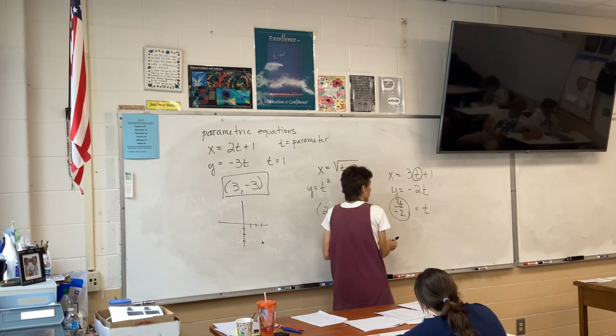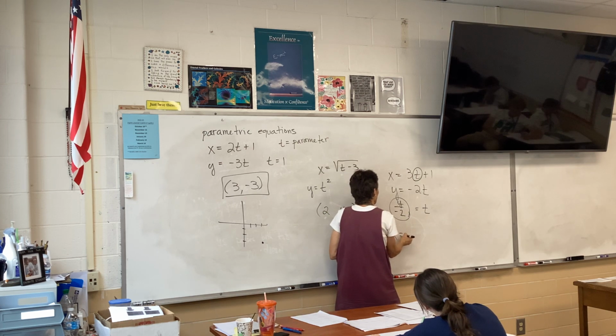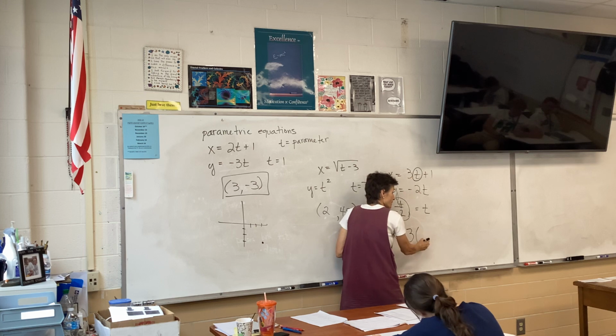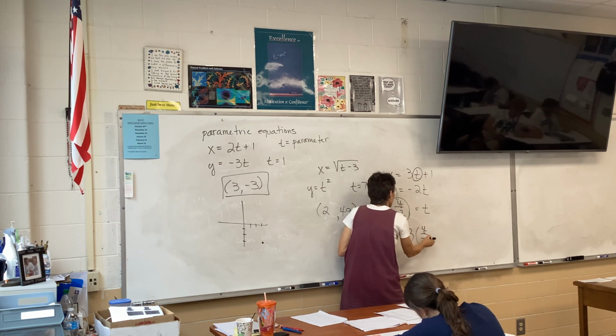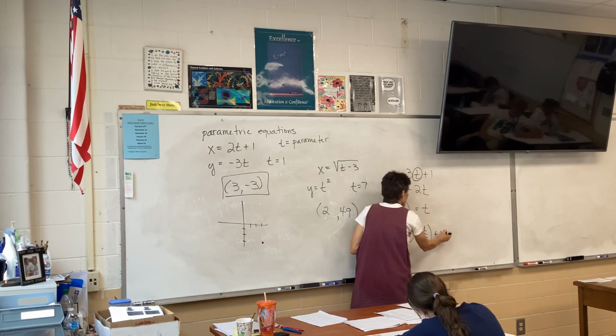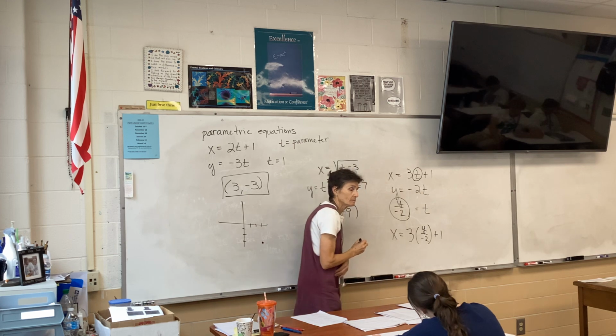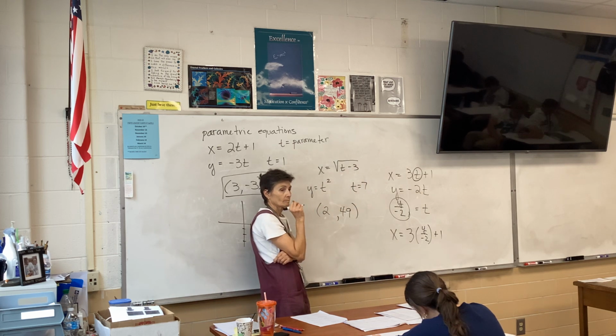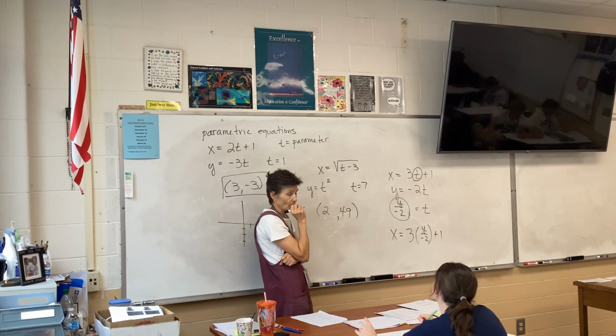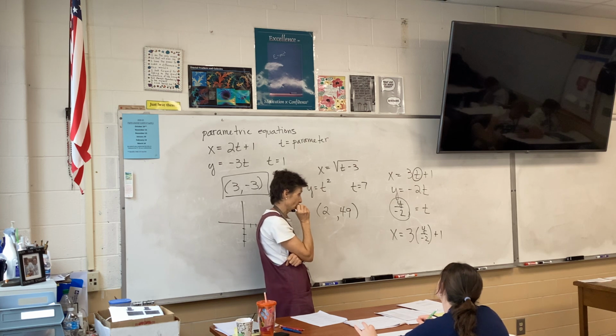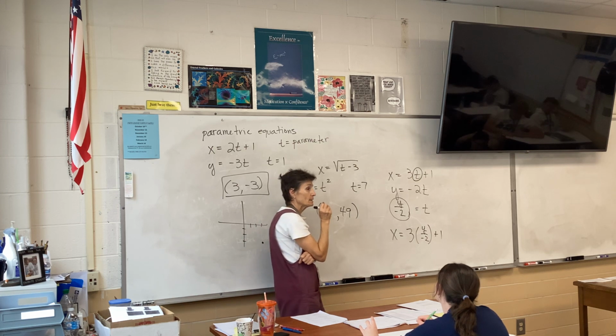So then what would it look like? x equals 3y over -2 plus 1?